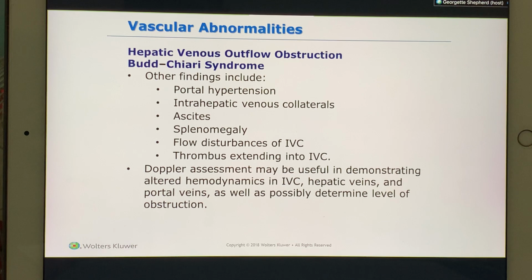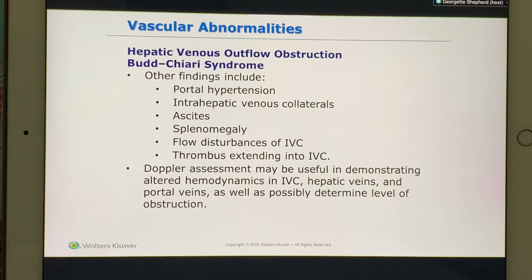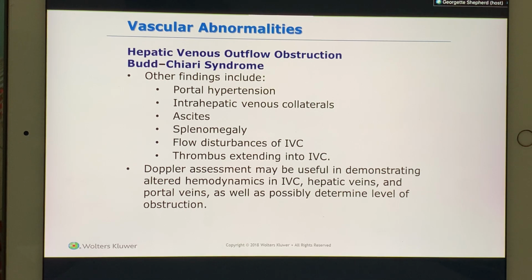We can do Doppler assessment of the hepatic veins and the IVC. That is part of an abdominal Doppler exam. And we look at the portal veins to determine the level of obstruction.